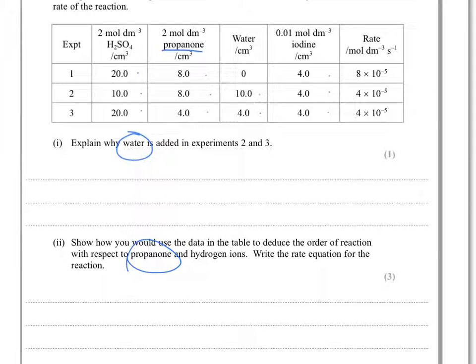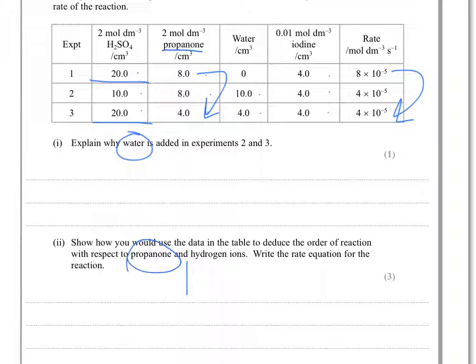Between experiments 1 and 3, the acid is constant and your propanone concentration has halved. If we look at the rate, that has also halved, so the change in concentration is proportional to the rate, so that we can say for propanone it is first order.